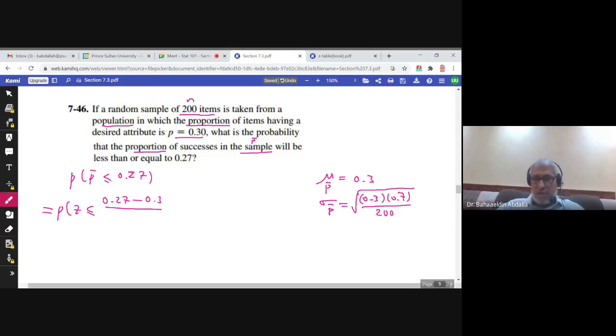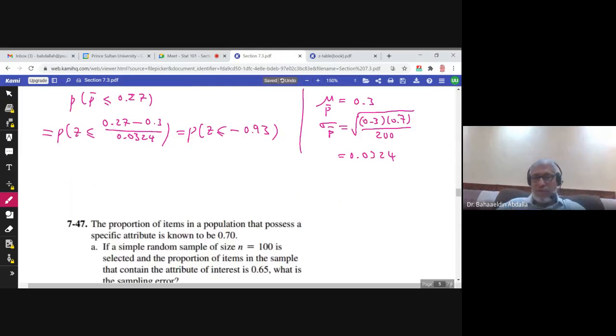It is approximately 0.0324. Okay, so if I divide 0.27 minus 0.3 by the standard error, I will get probability of Z less than or equal to negative 0.925, so I'll make it 3 decimals.